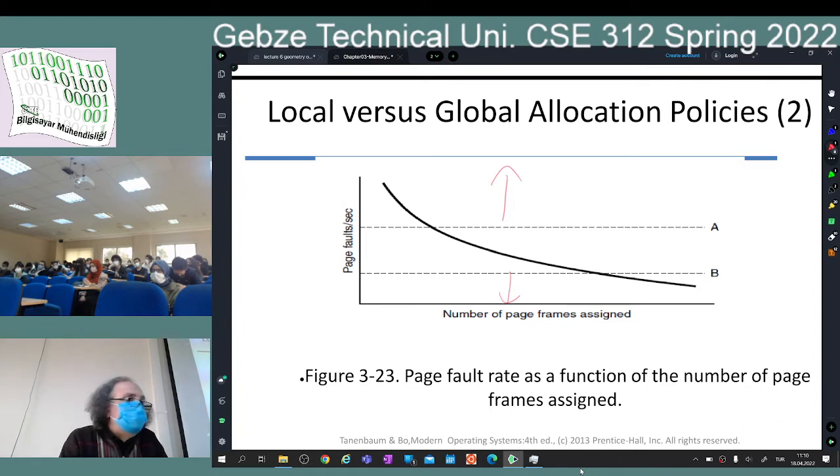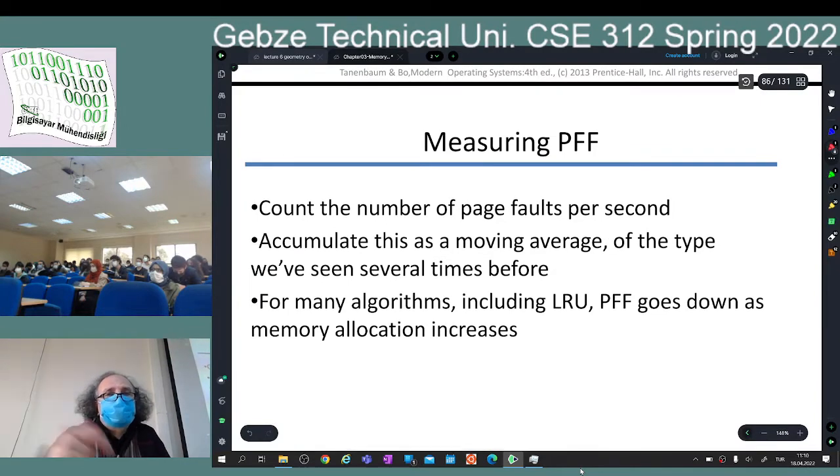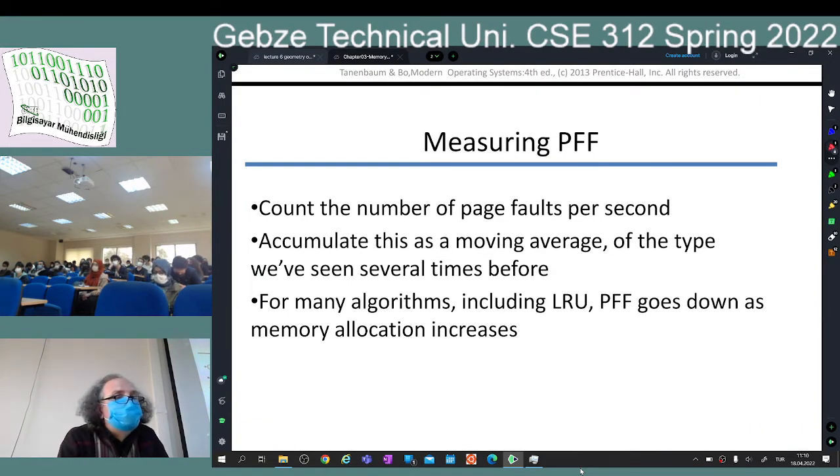And these values are operating system parameters, and sometimes operating systems will let you select these values A and B as the system administrator. Okay, and how do you measure the PFF? You count the number of page faults per second.